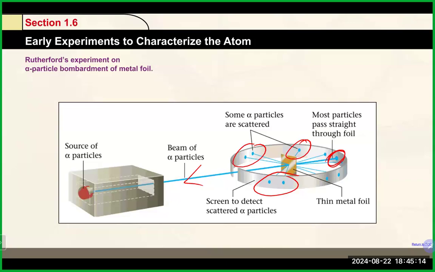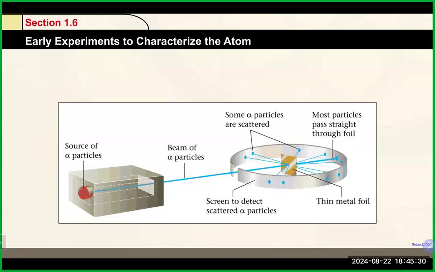It hits something very densely positive. This is what they witnessed when they did this experiment, which is very different from what they thought going into it. Let's go back and take a look at that.